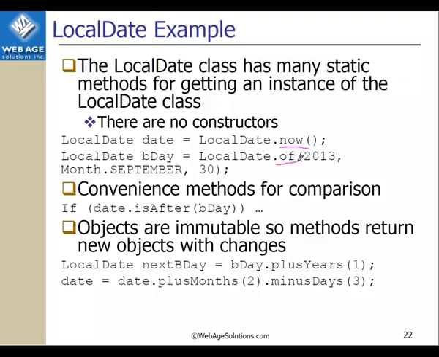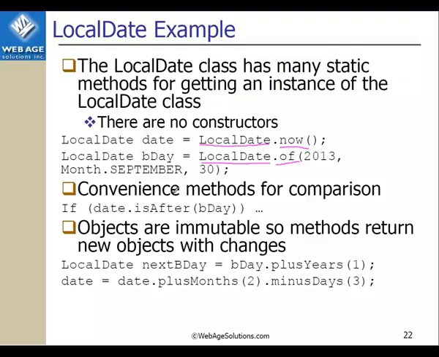There's also an of method. So of says, pass me in some parameters for the year, month, and day that you want to create a date object for, and I'll construct a date from that. But notice these are all static methods on the local date class itself. Right? So I'm not calling a constructor, just calling a static method on the class.